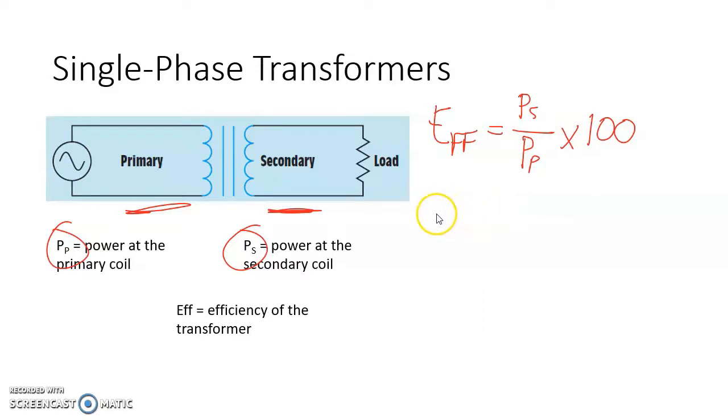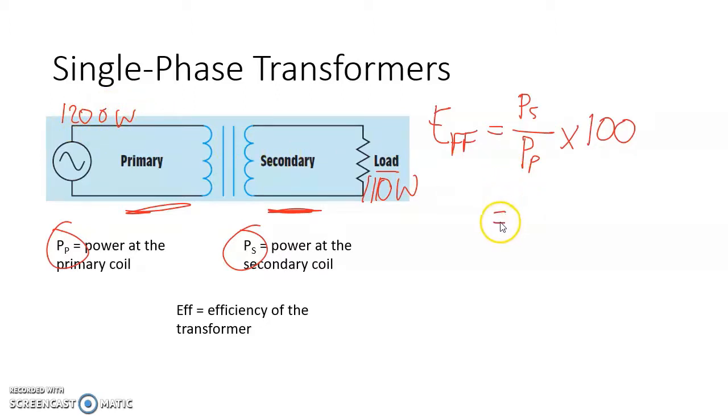So let's say we have a load that is drawing 1,110 watts of power. And to deliver that 1,110 watts of power, the primary is supplying 1,200 watts of power.